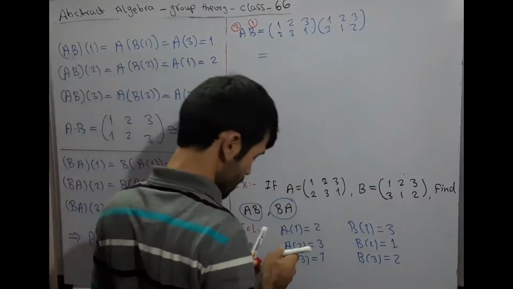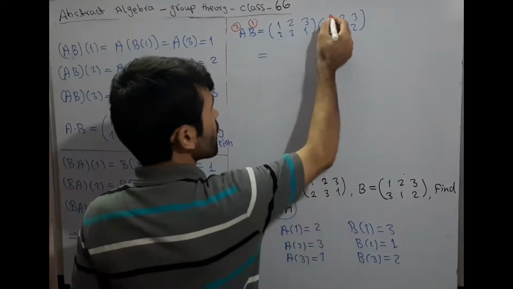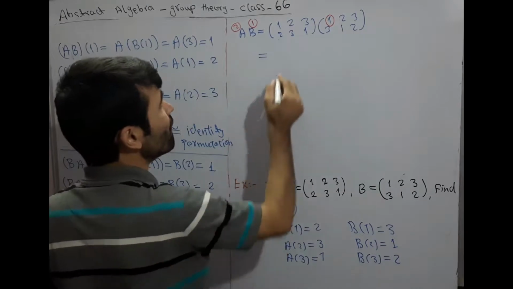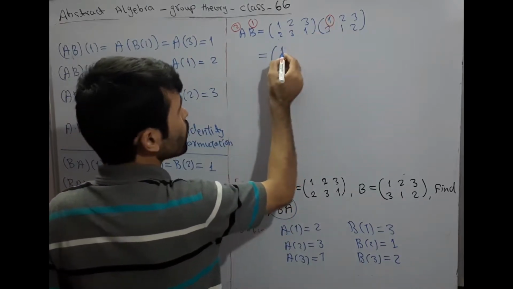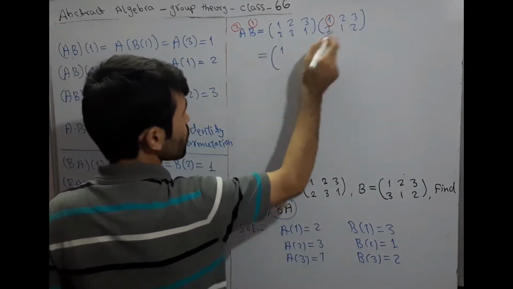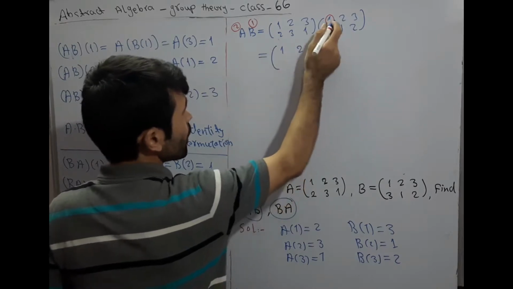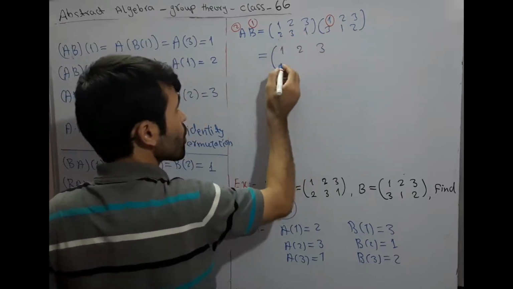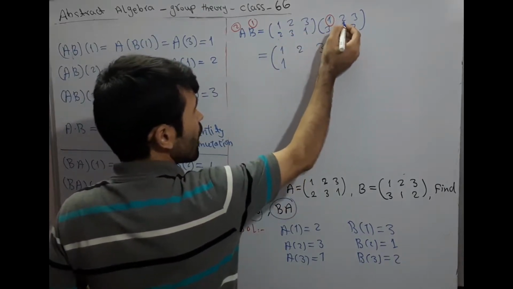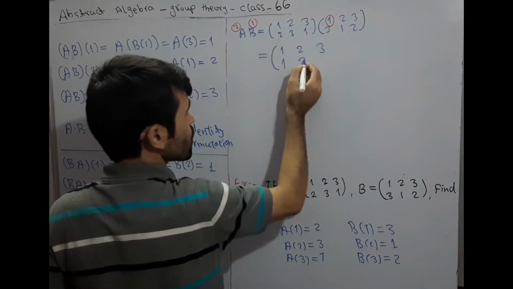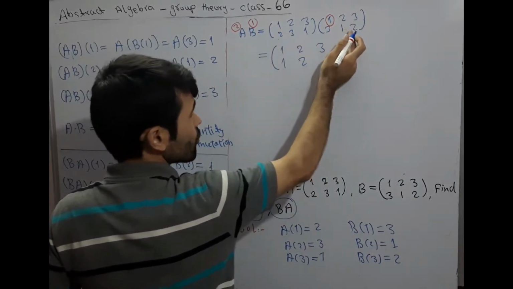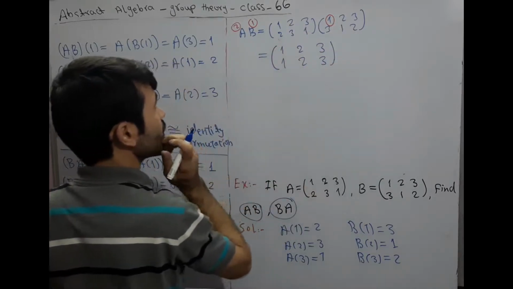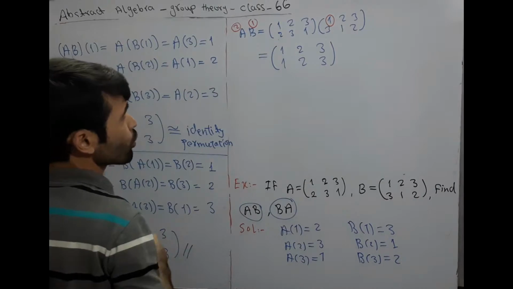Now from the first set we take 1, and we write the first row 1 2 3. Under 1 is 3, under 3 is 1. Here is 2, under 2 is 1, under 1 is 2. Here is 3, under 3 is 2, under 2 is 3. It is the value of a into b.